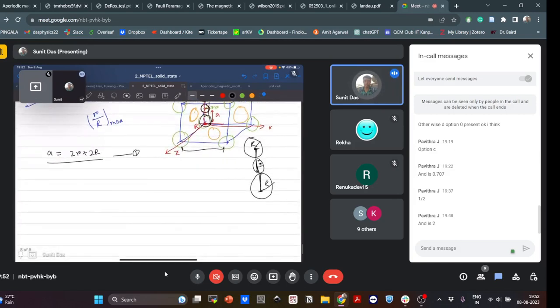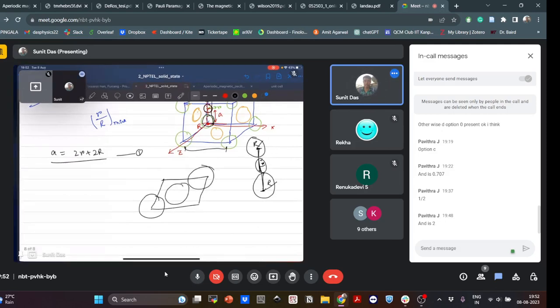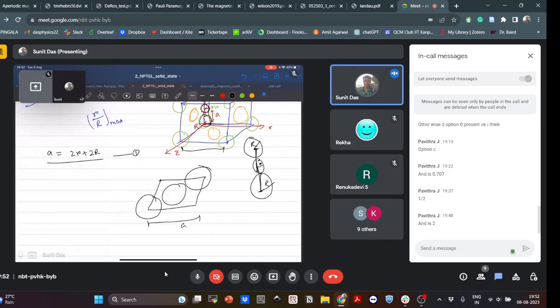For a face centered system, if I draw a face, this is the unit cell parameter a, this is the face centered atom which itself has 2R, and this is R. So another relation emerges: this is also a, so root 2 a, which is the diagonal, equals 4R, right?